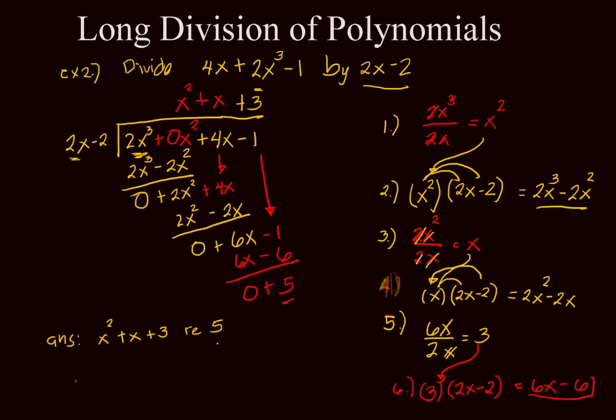And we can also write this down as x squared plus x plus 3 plus 5, that's our remainder, over our divisor, which is just equal to 2x minus 2. That's our final answer.